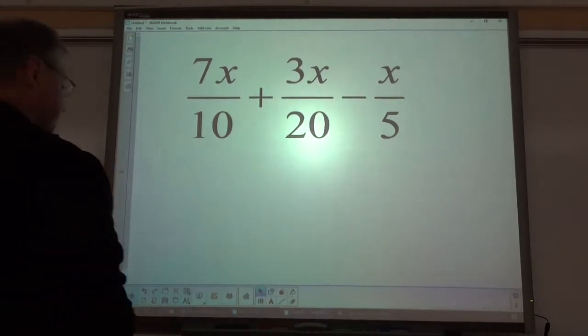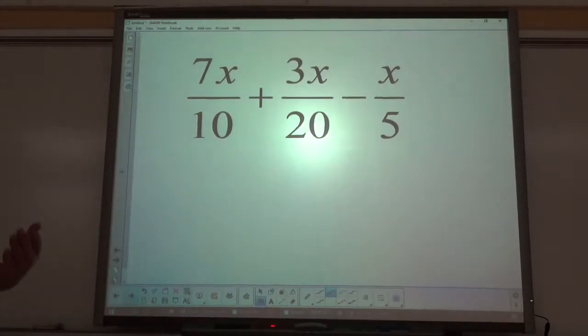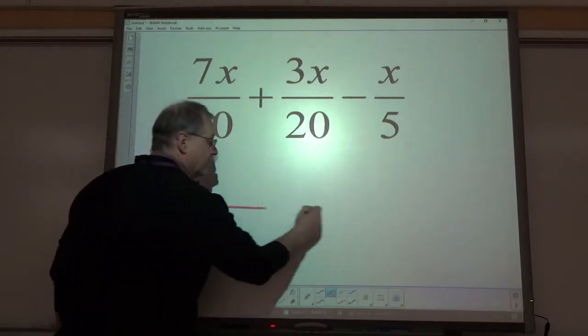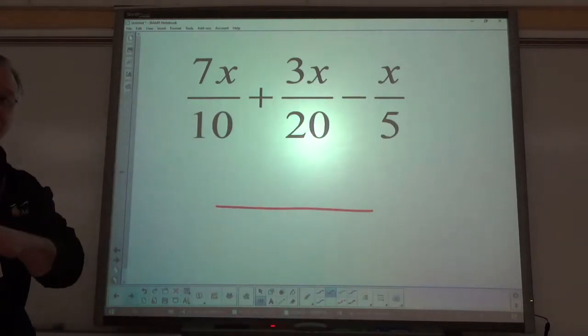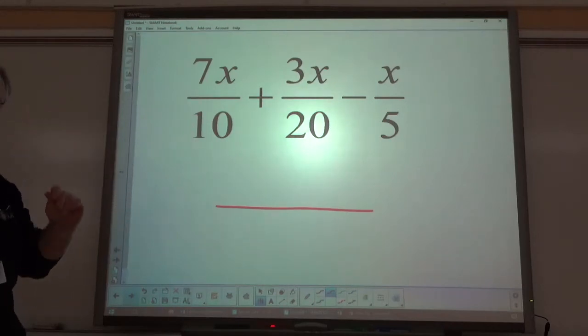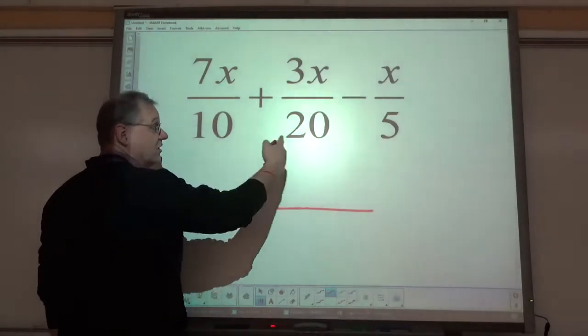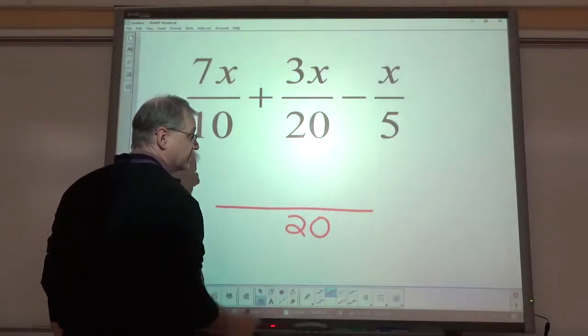I look at these denominators and I can see the common one would be 20. You are welcome to just put one denominator, or you can rewrite it the way it's shown with separate denominators. I often like to just put one denominator, and the common denominator is 20 in this case.